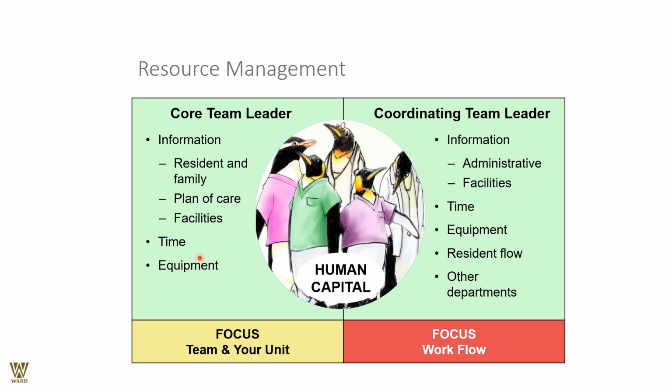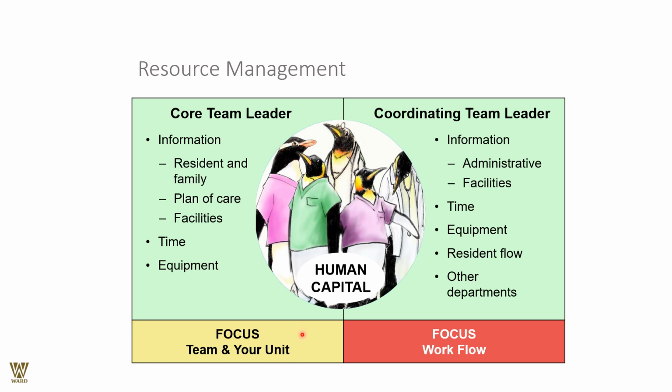These are the information per se. So what are the resources we are looking at? Information, time, and equipment. Of information, everything about personal usage, everything that needs to be taken care of in terms of future scope and facilities thereof. So this is where you have to focus for your team and your unit.